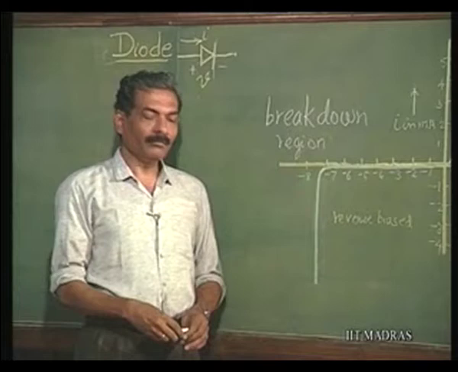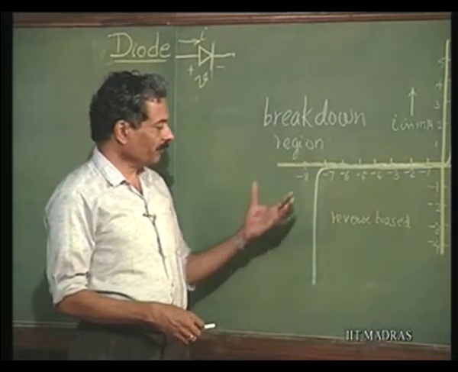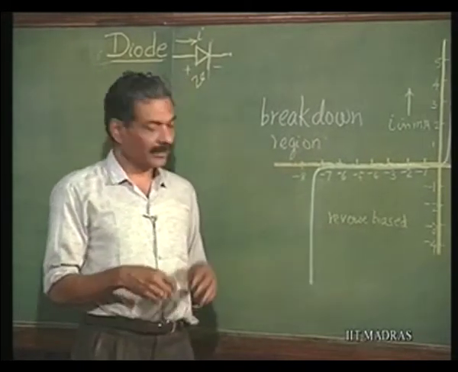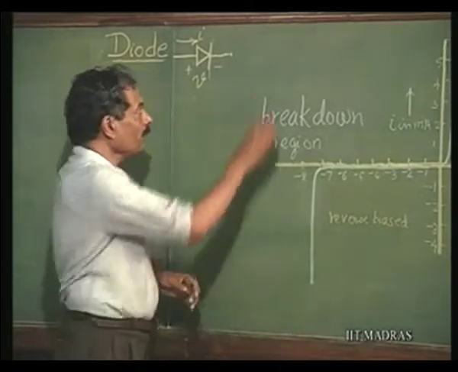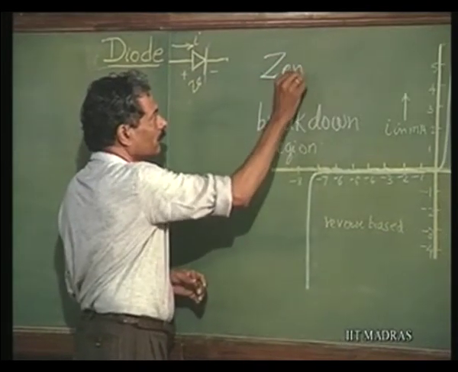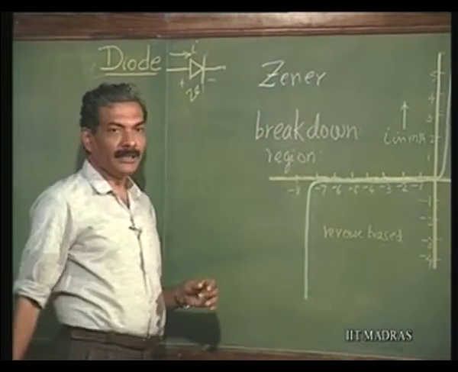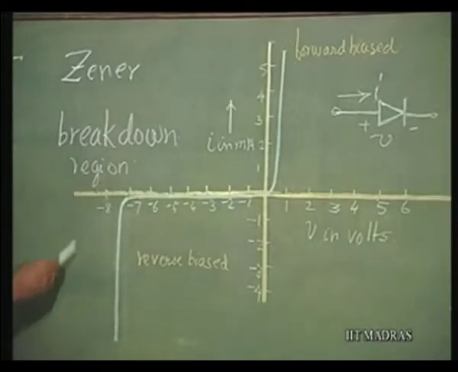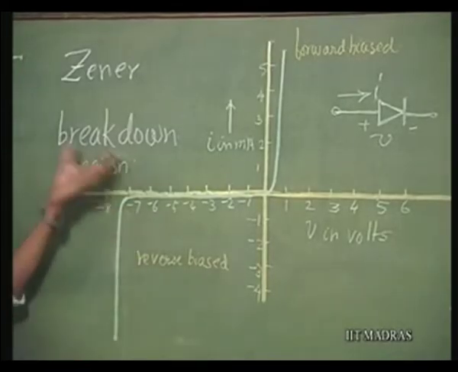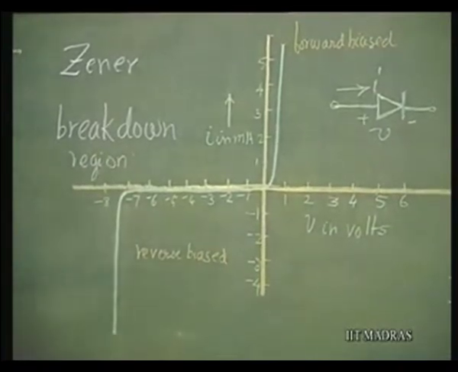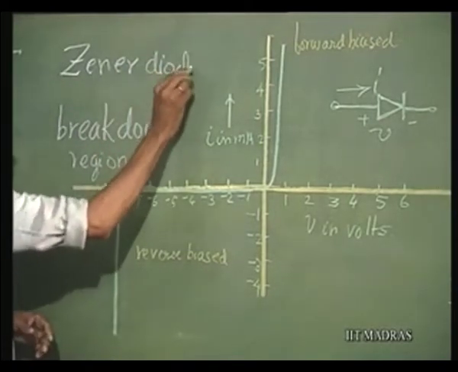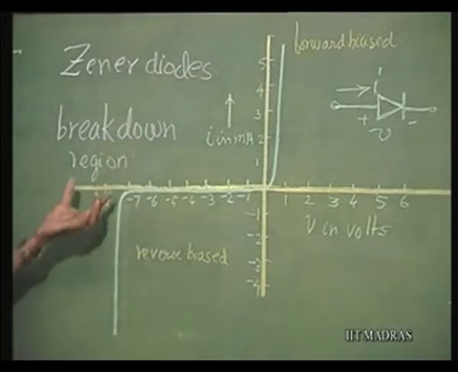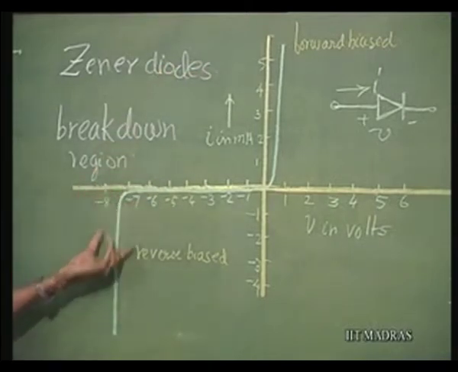This breakdown can be caused by either the Zener breakdown mechanism or avalanche breakdown, but whatever be the mechanism of breakdown, it is properly called a Zener diode if we are concentrating on its application in this region. If diodes are fabricated so that they break down at specific values of voltages, such diodes are called Zener diodes, where we are interested in working in this region of breakdown.